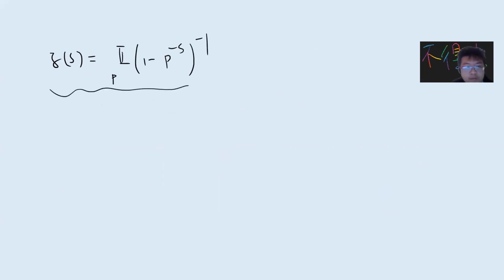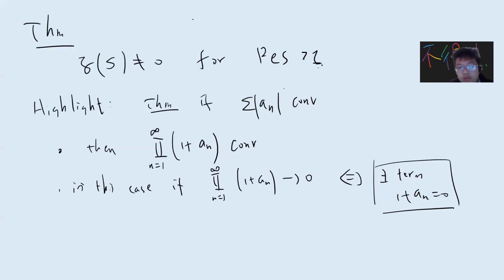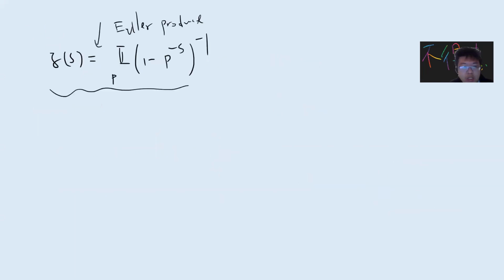Your zeta(s) has the Euler product with factors (1 minus p to the minus s) to the minus 1, right? So once you have this Euler product, you can prove it absolutely converges, by the previous result. This is just the p-series.